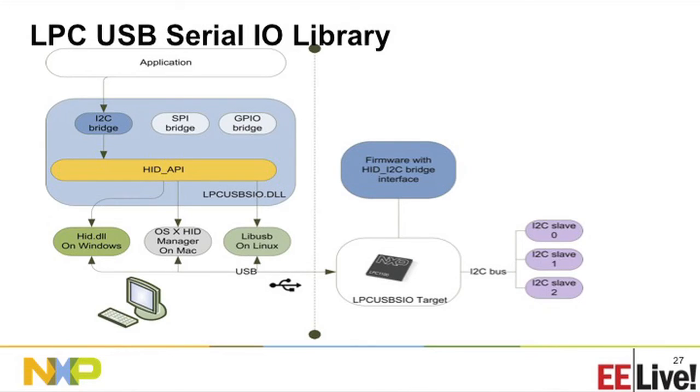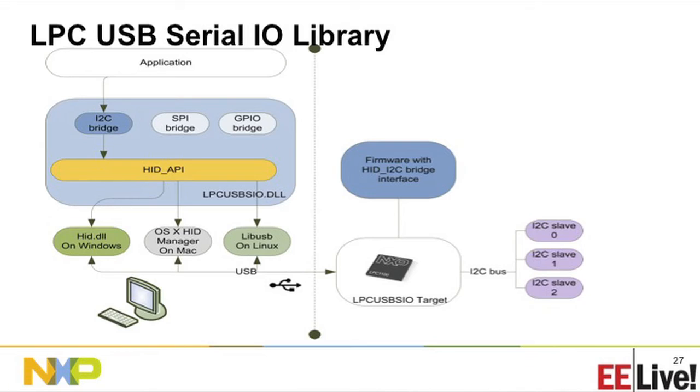The previous bridging solution is enabled by NXP's USB Serial I/O library. On the PC side, that's your application, where you write code as if you're talking to an I2C device instead of talking to USB or to the PC's operating system.